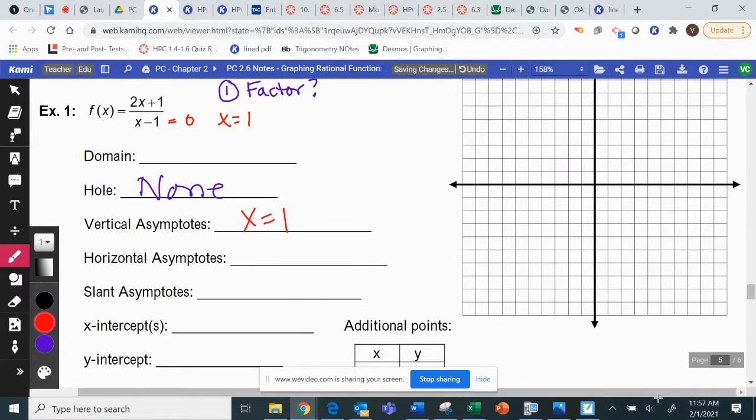I'm going to graph that. That also tells me that my domain is only missing the number 1. So my domain is going to go from negative infinity to 1, not including 1, but then it's going to go from 1 to positive infinity.